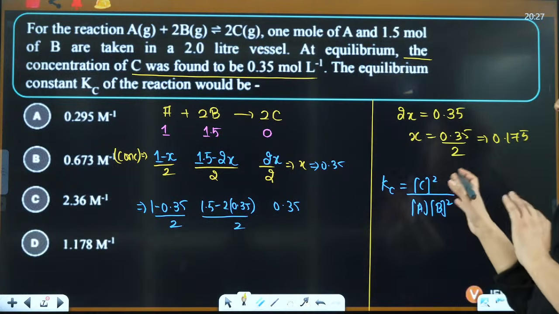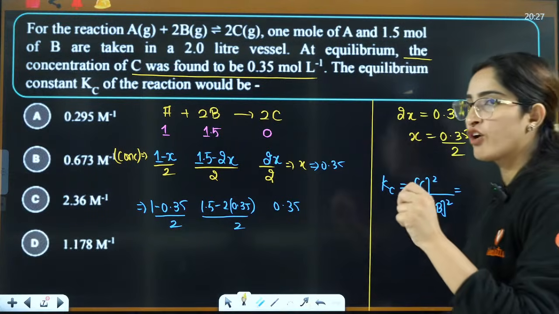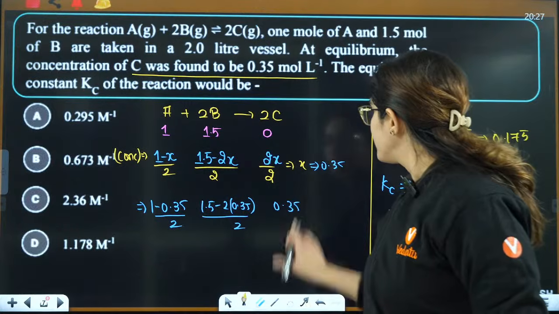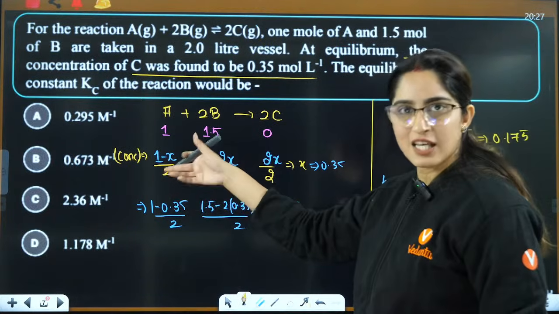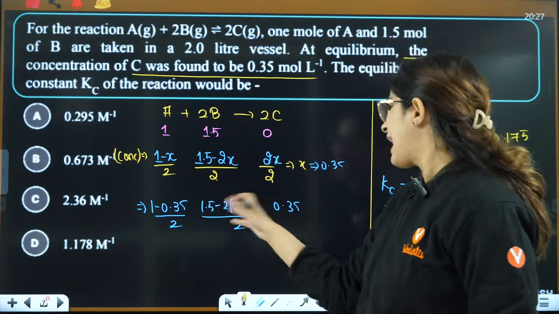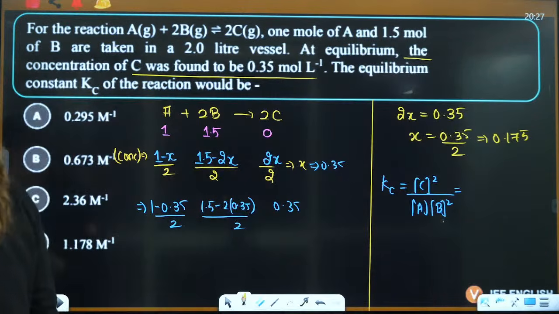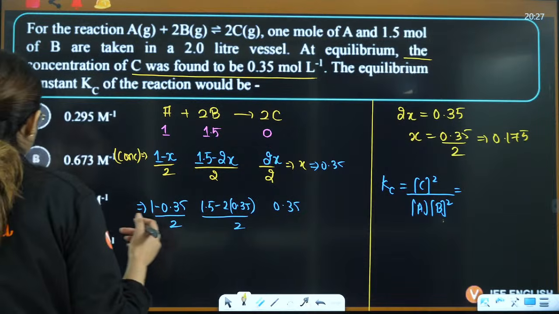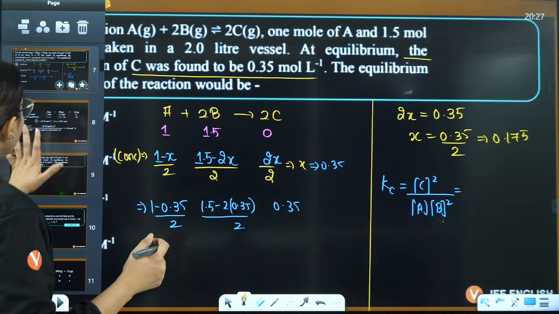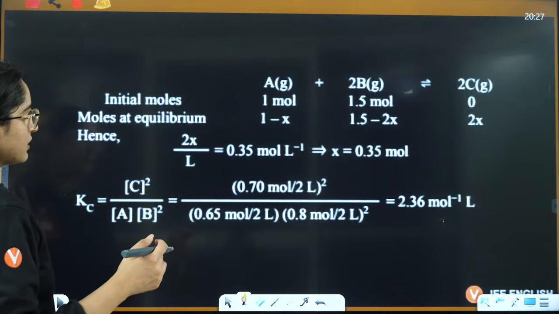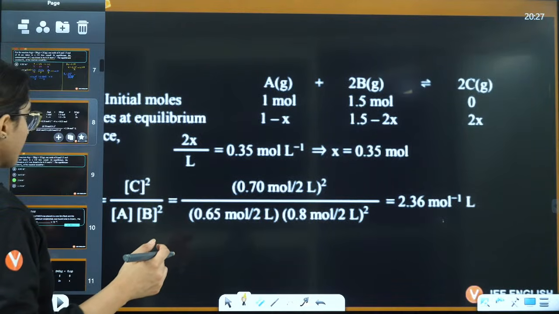We actually correlated the value of moles here. It should be concentrations, right? So concentration is this. Initially, we should have divided it by 2. And then you solve this value and you will get your answer here. Done, everybody? Put all the values here and you will get your answer.